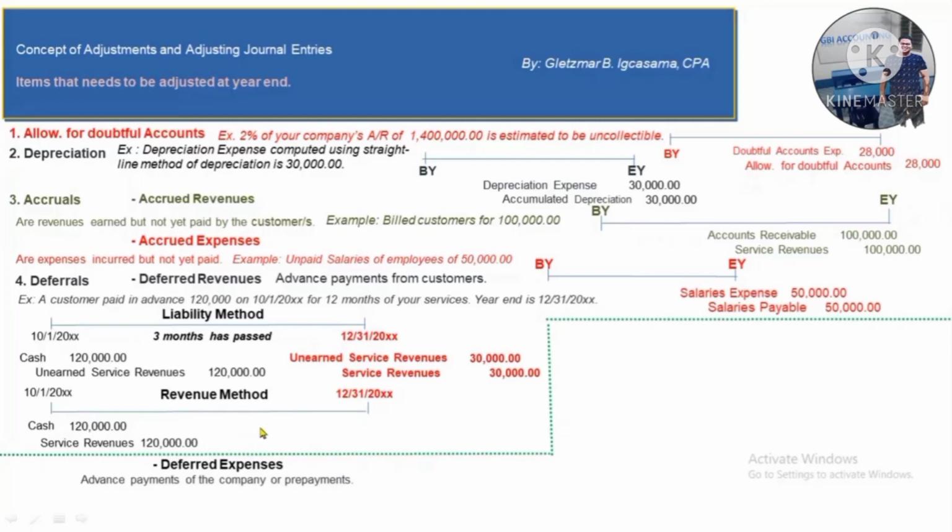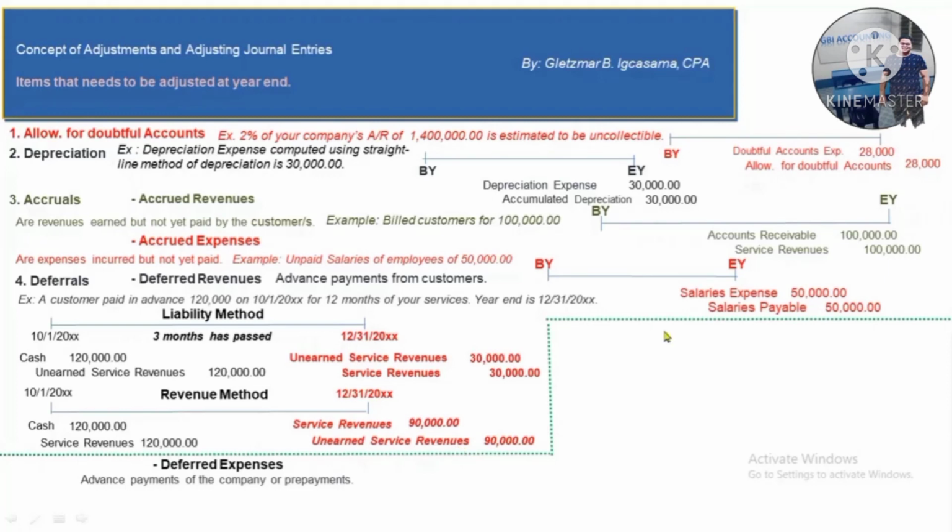So you should deduct the service revenues account by debiting it with 90,000 so that the service revenues that you initially recorded at 120,000 will become 30,000. And of course, you need to credit the unearned service revenues of 90,000 to establish your remaining liability for the unperformed services, which is 9 out of 12 months.